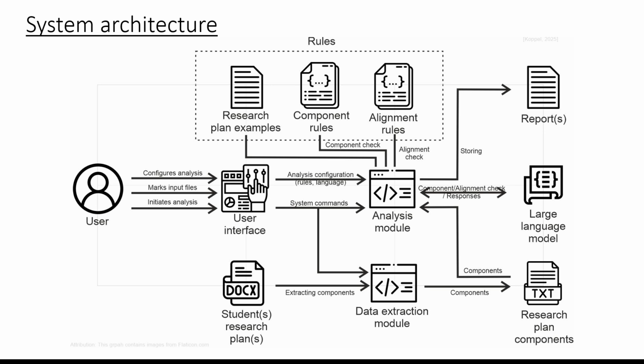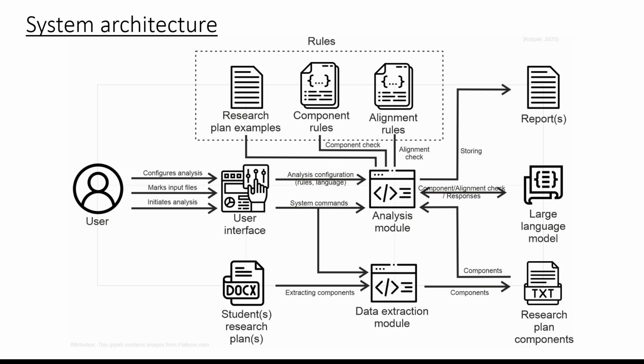Then there are rules, which are research plan examples, component rules, and alignment rules. These define the expected research plan structure and necessary components that need to be present in the research that the student is doing, but also the specification for alignment criteria, as we saw on the last slide.